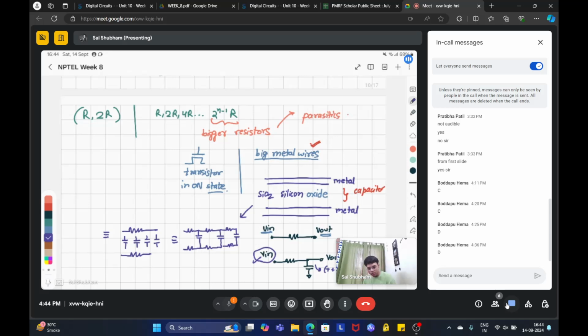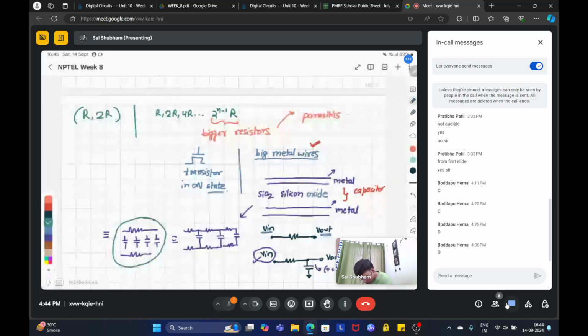So in case of bigger resistance, you have bigger metal lines, and these metal lines have silicon oxide between them. So it behaves as a metal oxide metal capacitor. So this is your equivalent model. This can look something like this. You have a resistor chain, and you have capacitors, right?